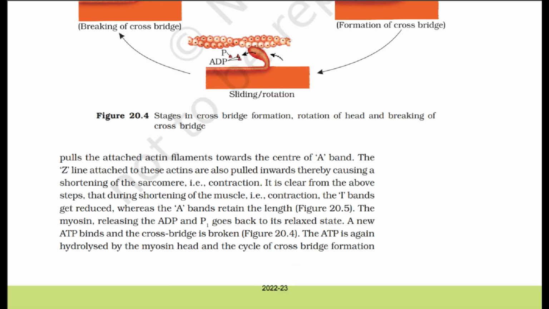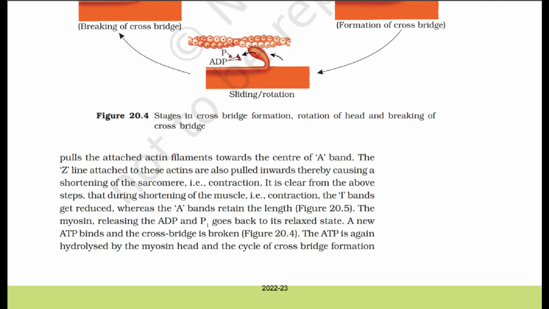This pulls the attached actin filaments towards the center of a band. The Z line attached to these actins are also pulled inwards, thereby causing a shortening of the sarcomere, that is contraction. It is clear from the above steps that during shortening of the muscle, that is contraction, the I bands get reduced, whereas the A bands retain the length.